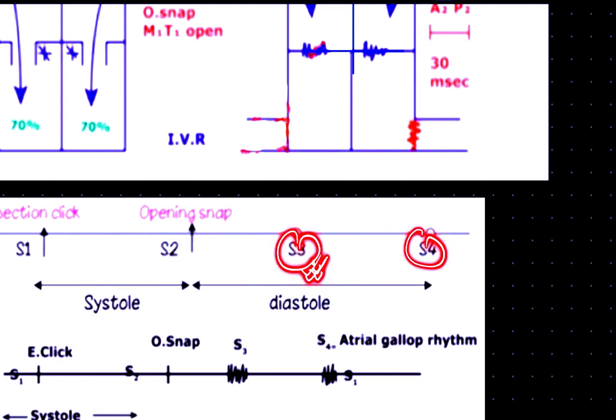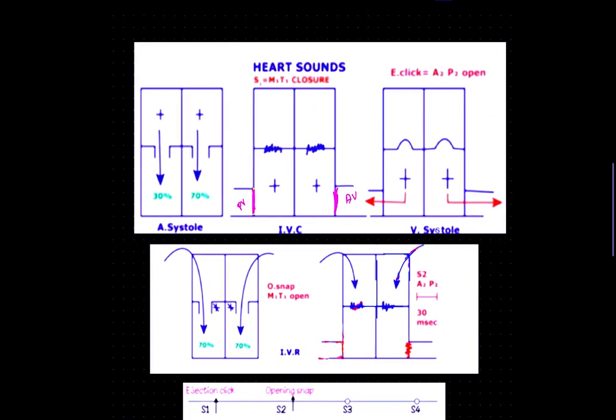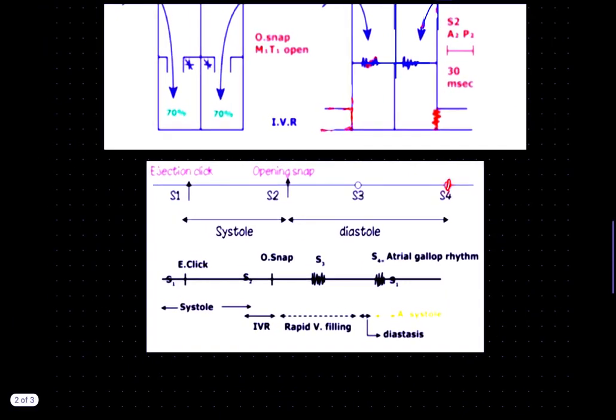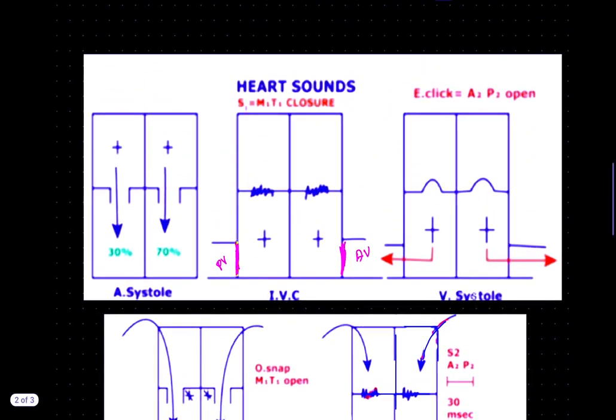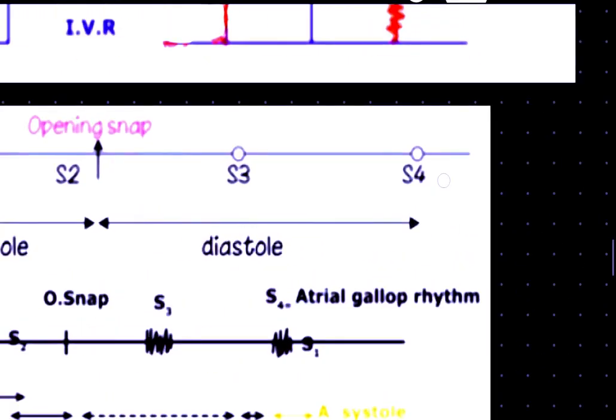And talking about S4, we have mentioned it right here. After this there is S1, which is closely related to atrial systole. So S4 is called atrial gallop rhythm, the atrial kick.